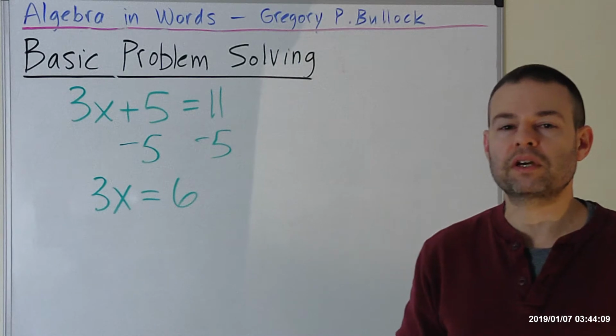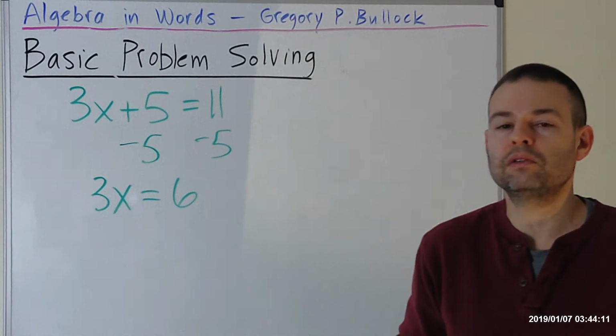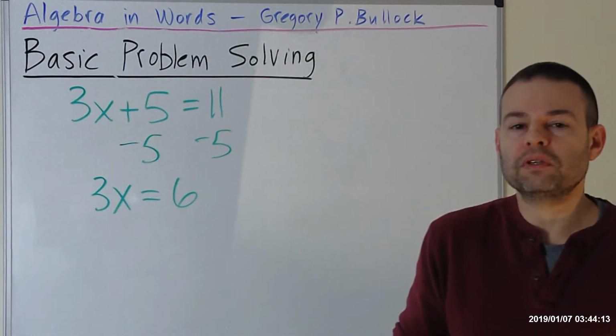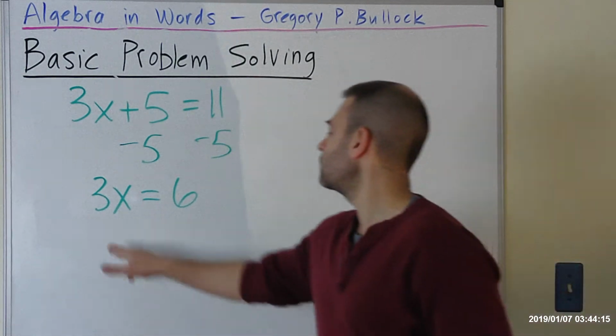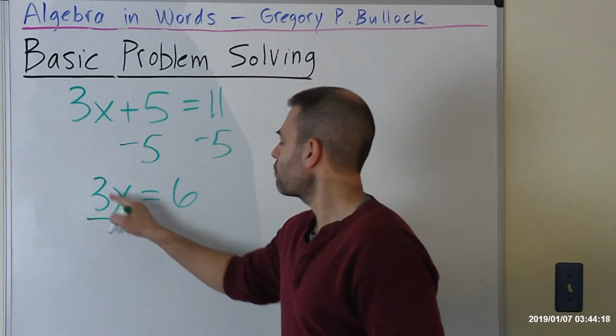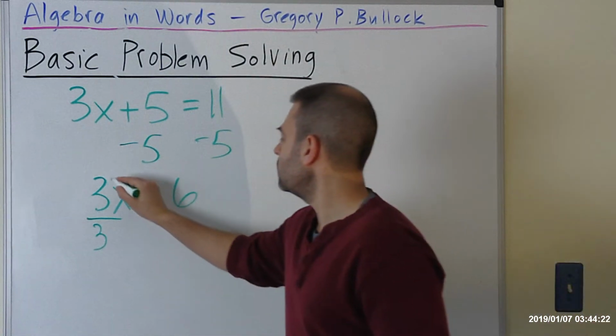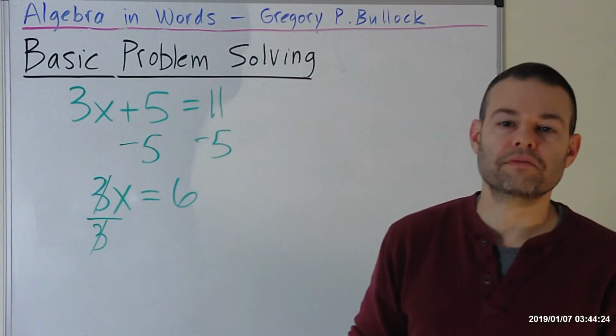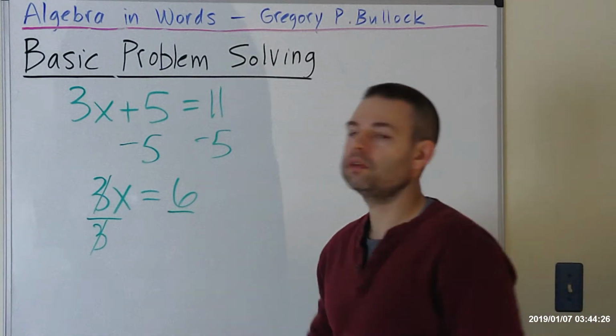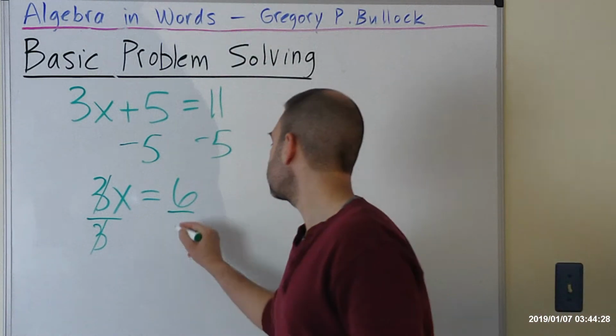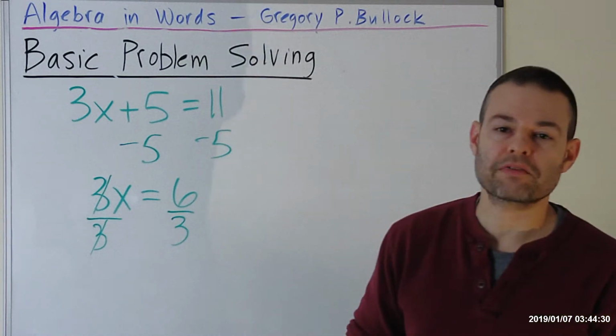But ultimately, when you get comfortable with it and you just kind of do it the way most people do, if you can divide, you're going to divide. Okay? If you divide 3 by 3, because any number over itself is 1, then these coefficients of 3 cancel. Remember what you do to the left, do to the right to keep the equality. So we'll divide the right by 3 as well.